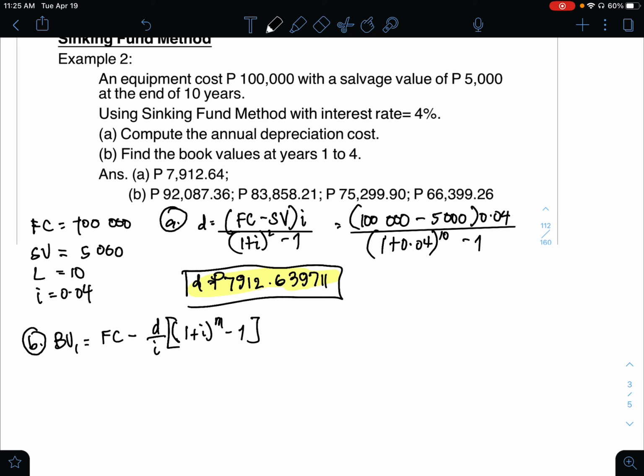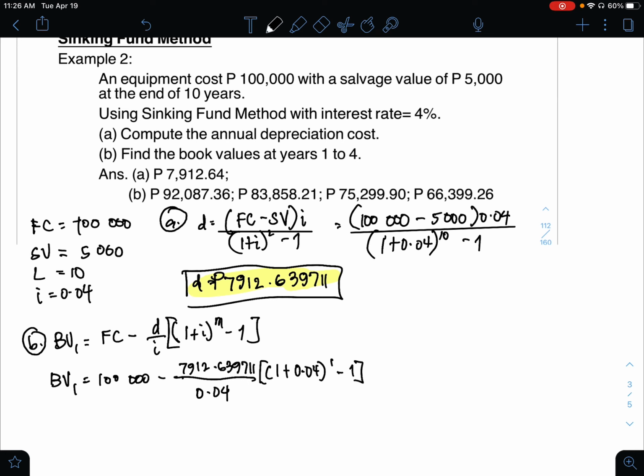So that's BV1 is equal to 100,000 minus 7912.639711 all over I, which is 0.04 times 1 plus 0.04 raised to the power of our M here is 1 kasi 1 year pa man.